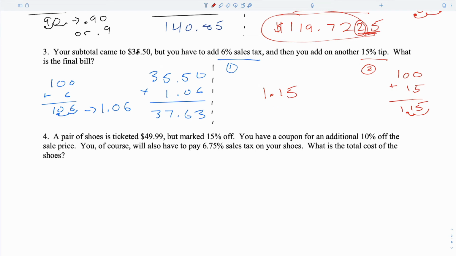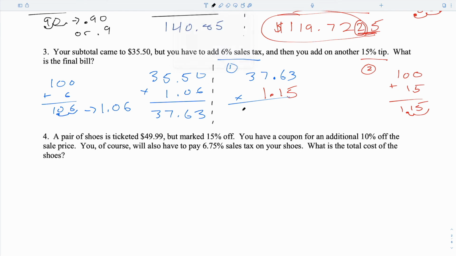Why don't I multiply 35.50 by it, Kevin? Why don't I take 35.50? We already did that calculation, and we always take the new amount and multiply that by it. Multiply that with your calculator, go. Camden, what'd you get? 43.27.